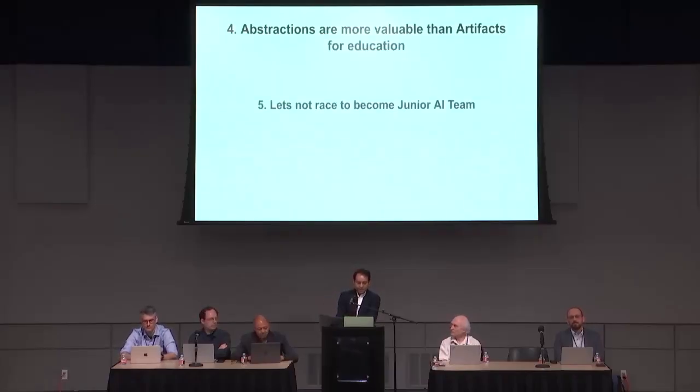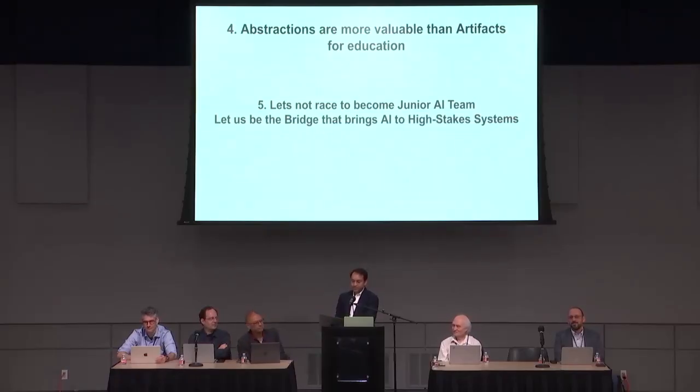And finally, I want to finish by saying, let us not become the junior AI team, okay? Let us be the bridge that brings AI to high-stakes systems. We are at a stage where electricity was about 100 years ago, and it was deemed a very dangerous and powerful new technology. And there were displays.